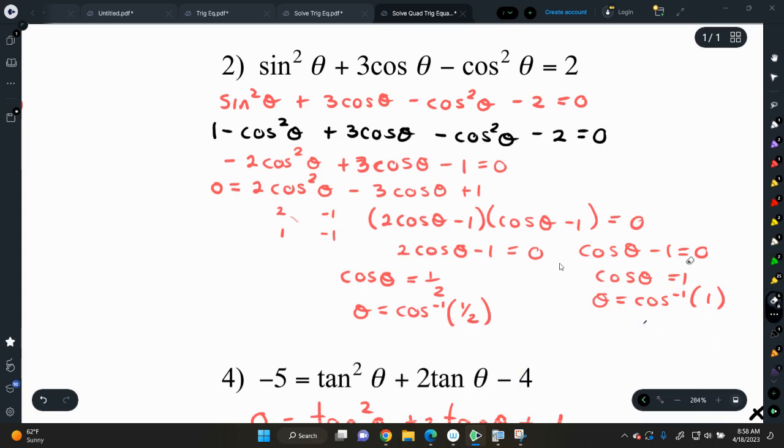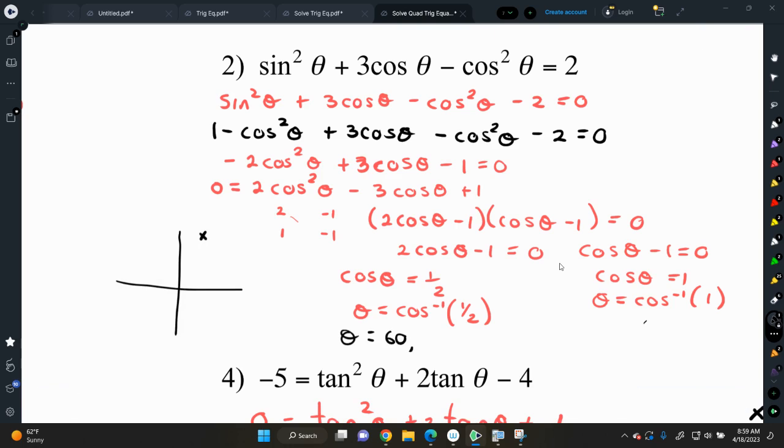So what do we have? We've got two equations that we're looking at now. So we're looking to see where the cosine is 1/2. So that's going to be at 60 degrees. So theta equals 60. And it's going to be, okay, here the x is negative, so that doesn't work. Here the x is negative, so back down here. So this will be 300 degrees.